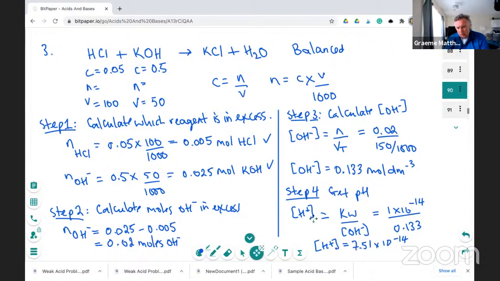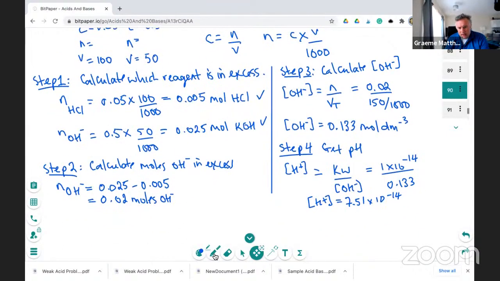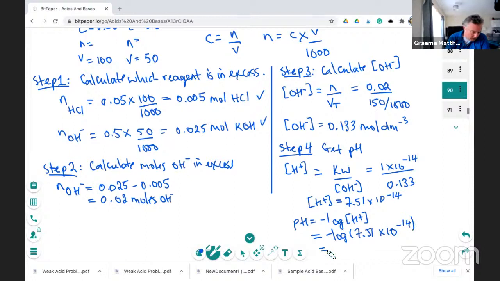Okay, and I'll just scroll up a little bit here to get everything onto the same tile. And so therefore, the pH is minus the log of the hydrogen ion concentration, which is minus the log of 7.51 times 10 to the negative 14, which, I'll do these live, I had 13.12.